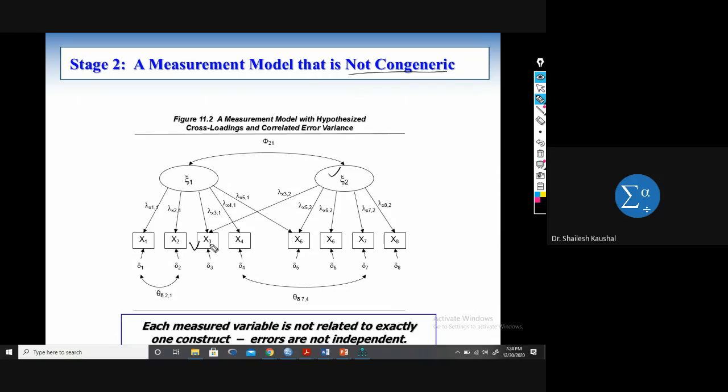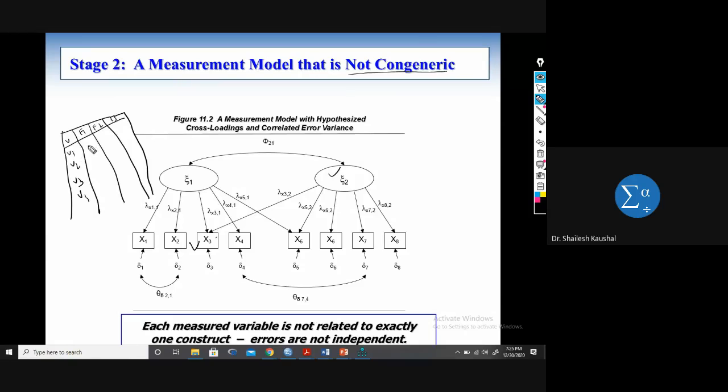So it is nothing but a cross loading problem. What is the cross loading problem? Not congeneric means cross loading. So it is like this. This is f1, f2, f3, and these are the variables v1, v2, v3, meaning questions.